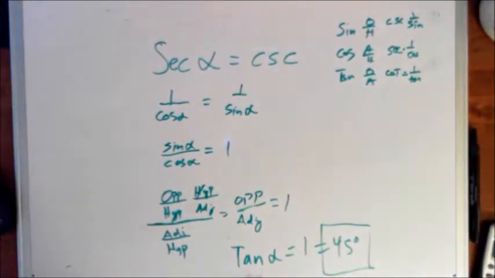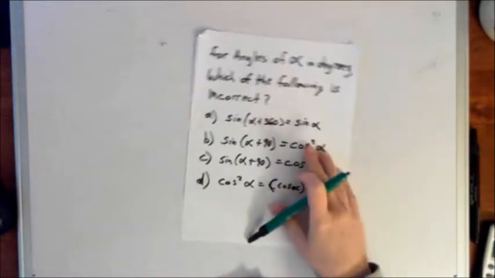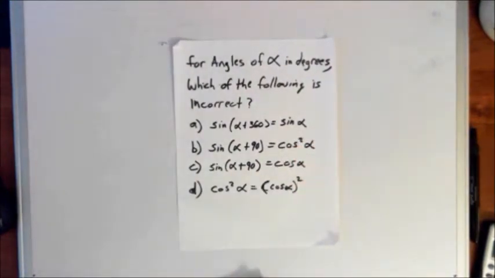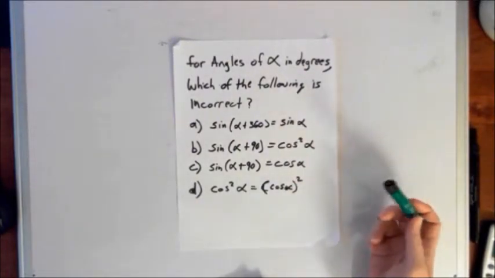Okay, let's look at another example. I'll erase this real quick. Okay. For angles of alpha in degrees, which of the following is incorrect? And we've got A, B, C, D to choose from.